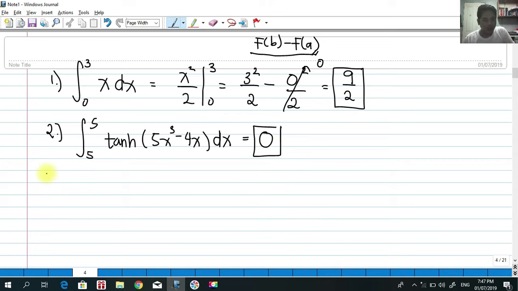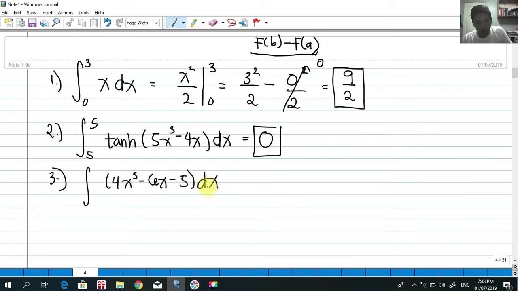So hence, our answer here should be equal to 0. For number 3, we try the integral of 4x cubed minus 6x minus 5 dx evaluated from -1 to 2. Again, this is a simple integration by power formula.